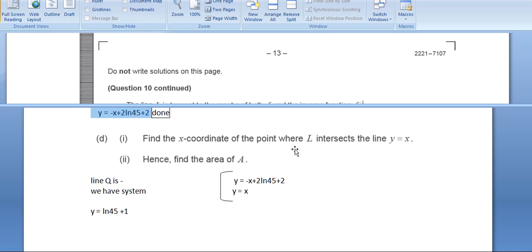Find the coordinates of the point where L intersects y equals x. Hence find the area.